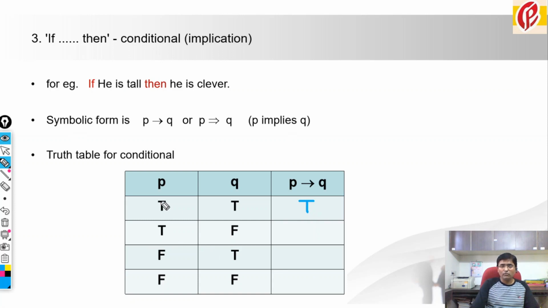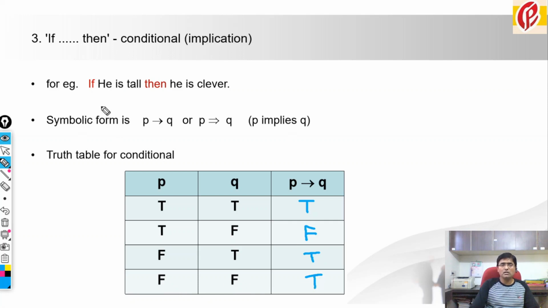Second, if P is true but Q is false, then it is false. Remember this. If Q is false, then it is false. Here P is false and Q is true, it is true. And if both are false, means P is false and Q is false, then it is true.